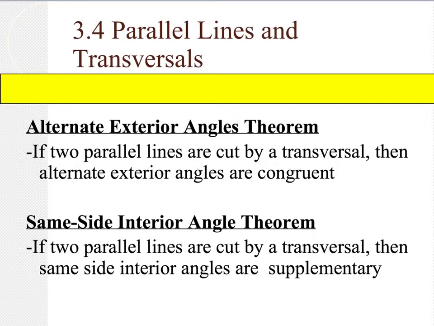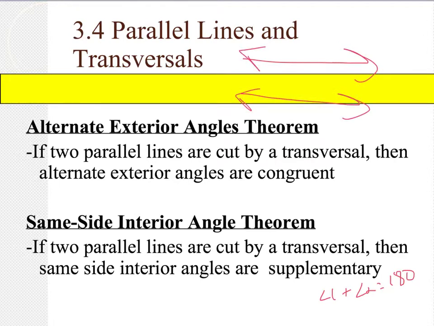the same side interior. If they are same side interior angles, we have two parallel lines cut by a transversal, then those same side interior angles are supplementary. What does it mean to be supplementary? That's when we're talking about two angles that add up to equal 180. Okay? So again, same side interior. If you remember from 3.3, we have two lines.